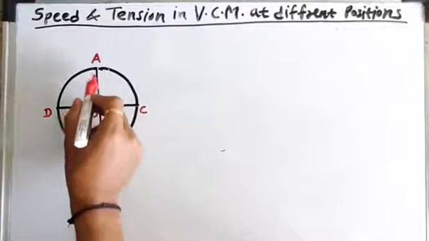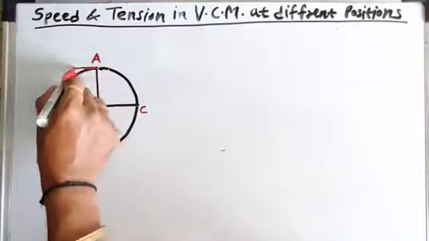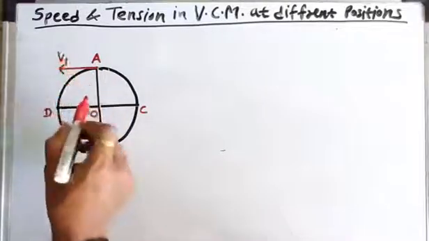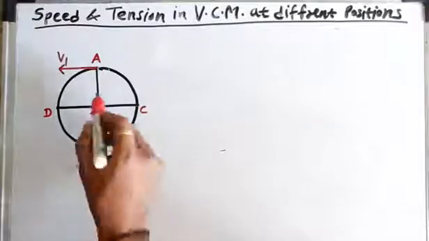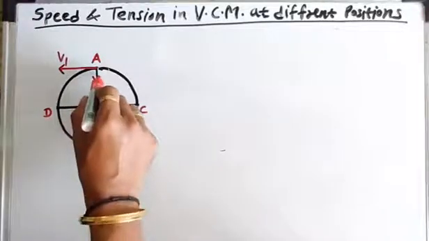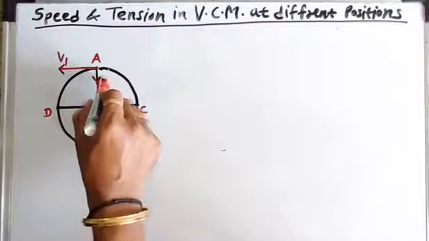At the highest position, that is at point A, let V1 be the linear speed of the particle, and the weight of the particle, mg, is acting vertically downward.